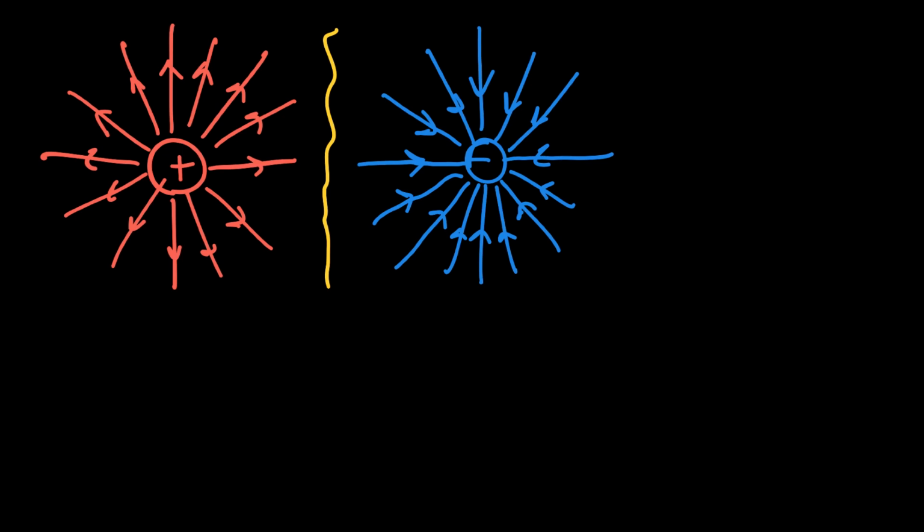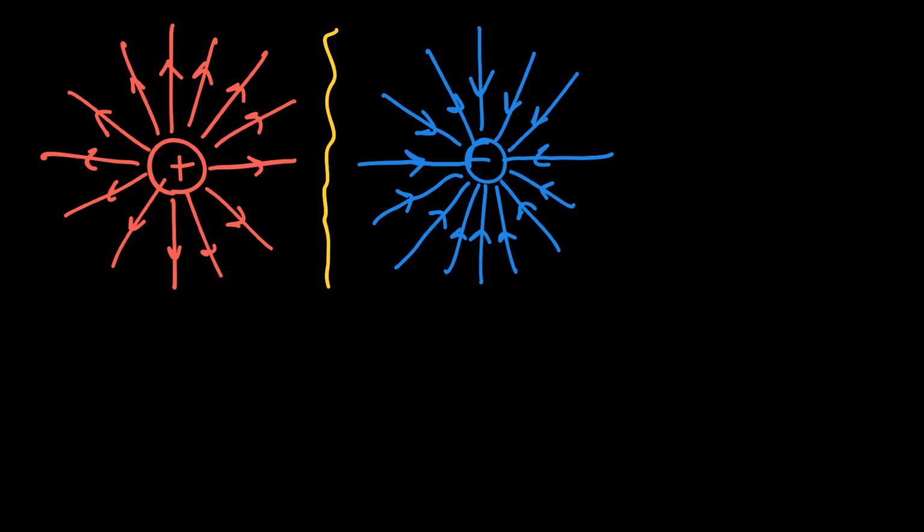Because if I just have a positive charge, then the lines of electric field start on the positive charge and end at infinity. And if I just have a negative charge, then the electric field lines start at infinity and end on the negative charge itself.